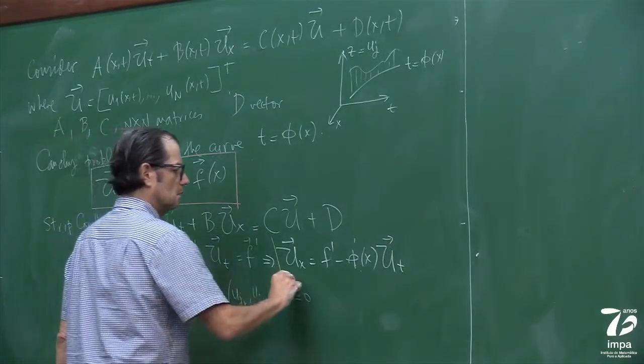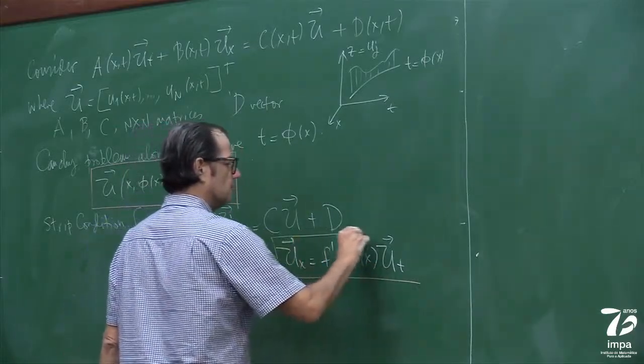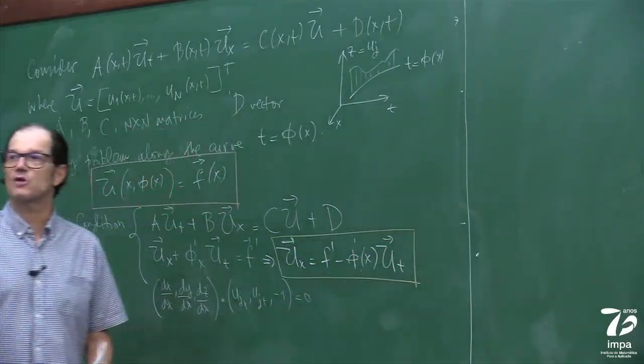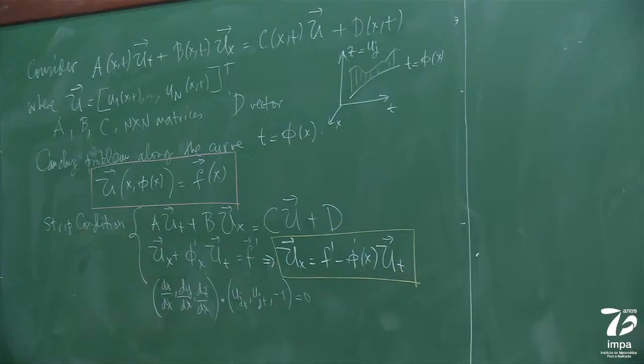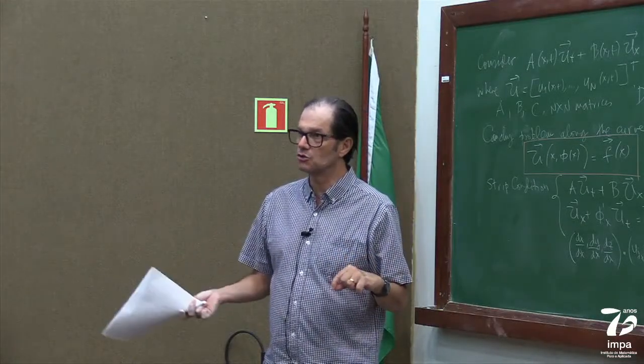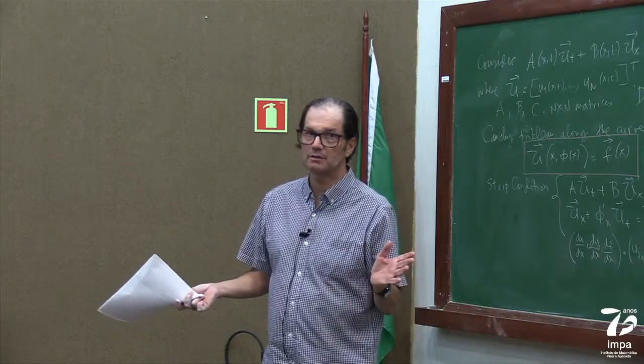Okay, the problem is linear. I'm going to try to solve. Remember, to get things going, we have to try to solve the strip condition, right? And what did we solve the strip condition for? We solved the strip condition to get Cauchy data for P and Q. Fine?